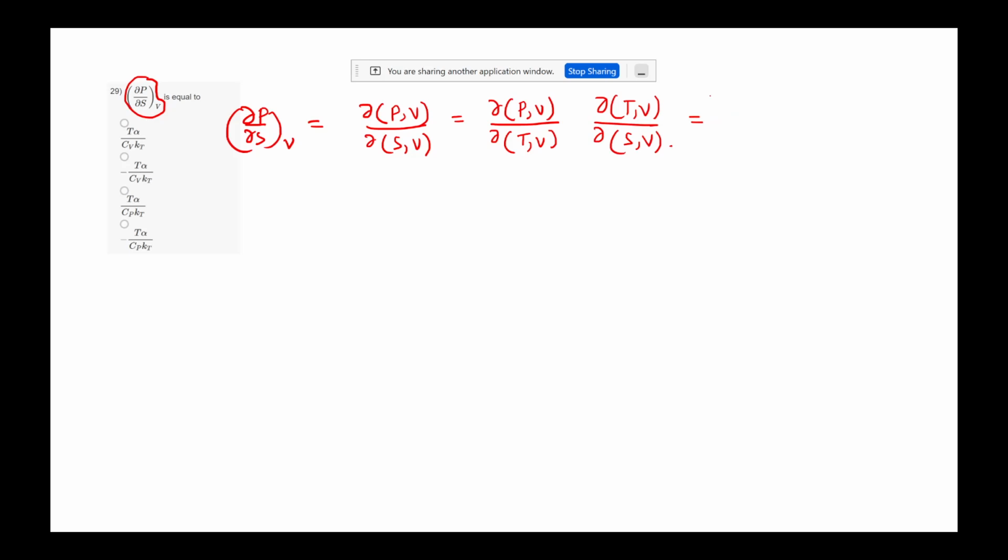Now it becomes del (P,V) over del (T,V) times del (T,V) over del (S,V), which is del T del S at constant V.